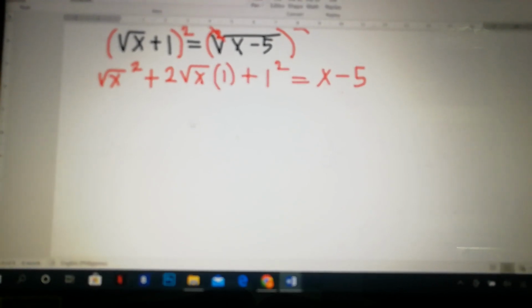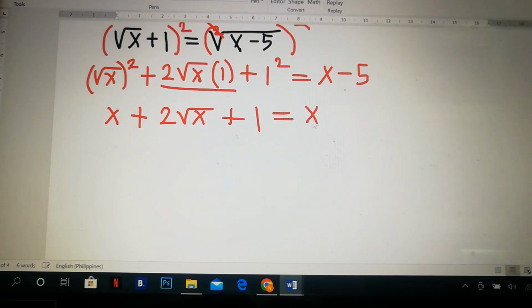Okay, so simplifying, square root of x squared is equal to x, plus, multiplying this expression, 2 square root of x, then plus 1 is equal to x minus 5.